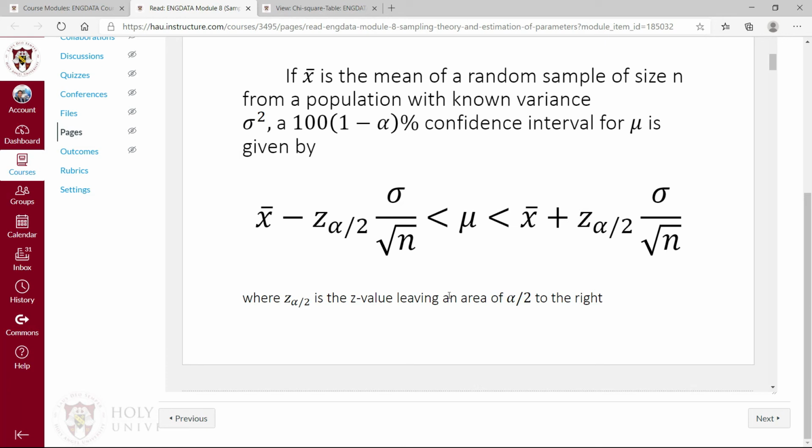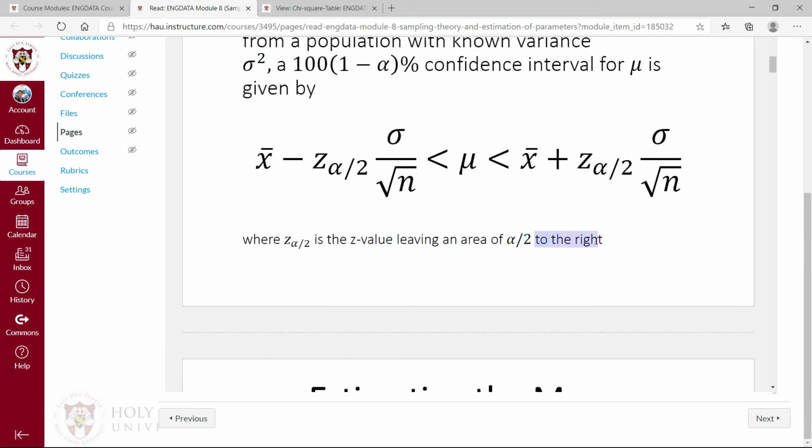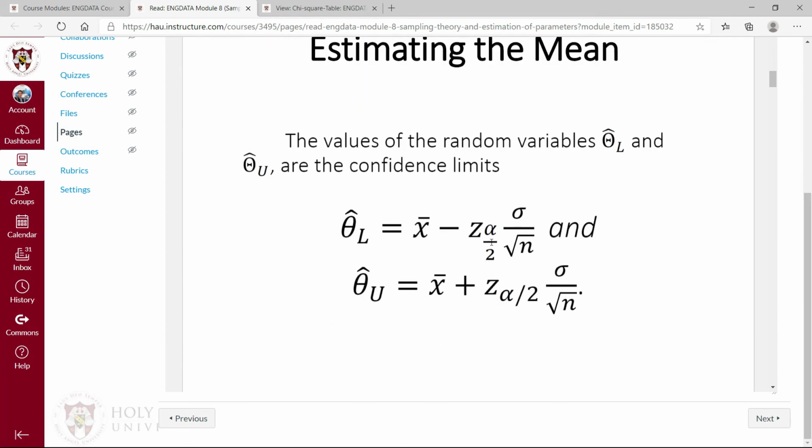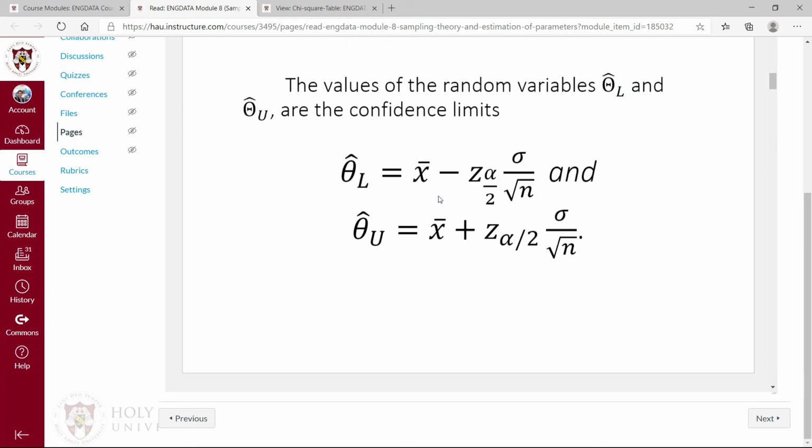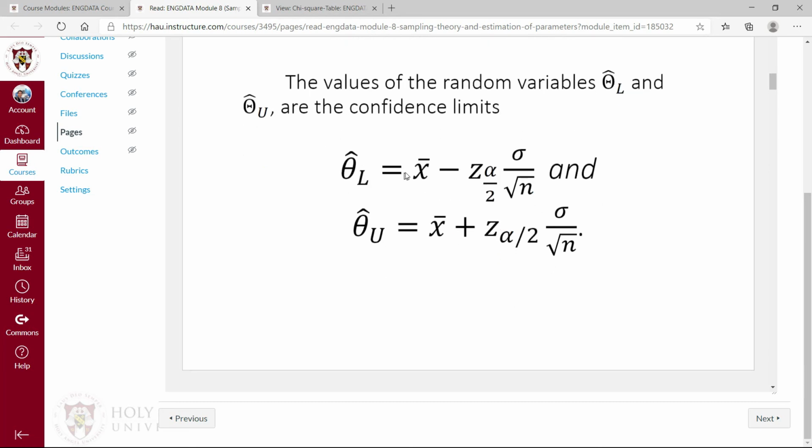This is also called the alpha level z-score. Make sure that it leans to the right. Then the values for the random variables for the lower and upper confidence limits are given by this equation.